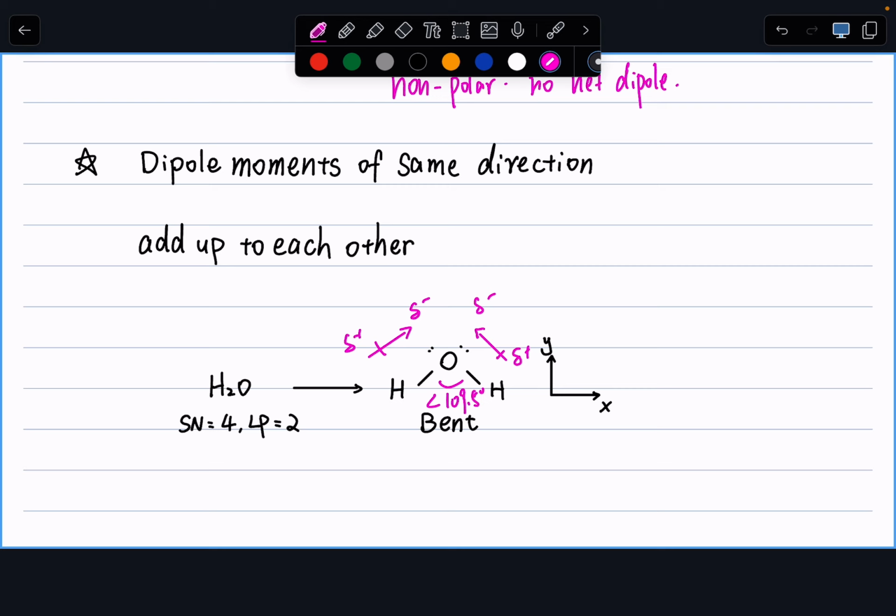On the x-axis, yes, it will cancel out, but along the y-axis, it does not cancel. So as a result, we say that water will have a net dipole moment pointing in the y direction. Or we say that water is a polar molecule.